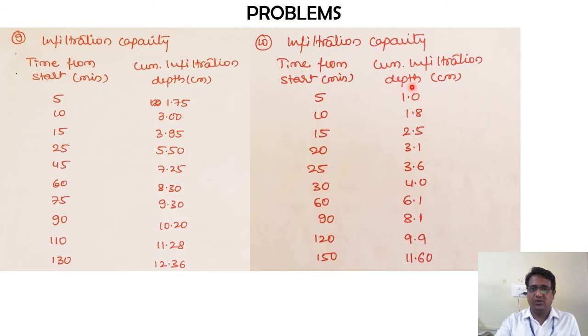No need for that third calculation. In the previous problem, compared with the 9th and 10th problems, the second column was a cumulative value, but here they have directly given the cumulative infiltration depth. So there is no need for you to convert volume into depth, because the depth itself has already been given over here.